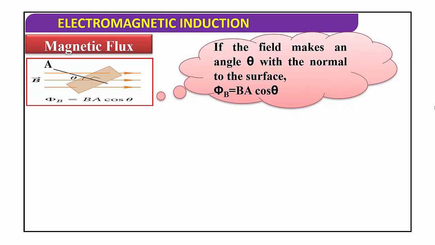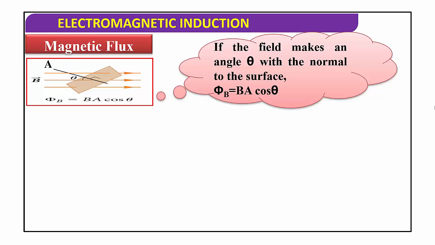Observe here. If that field makes an angle theta with the normal to the surface, you can observe the picture. Where is angle theta? Theta is between the magnetic lines of force and the normal which is drawn to the surface. Remember, always we have to consider the angle between magnetic lines of force and the normal drawn to the given surface.